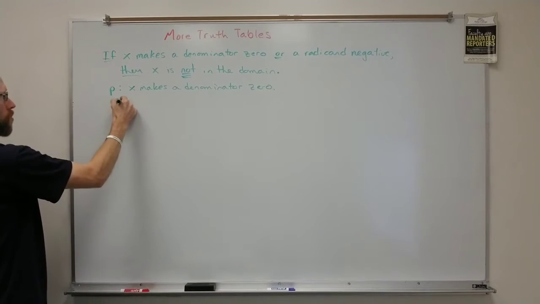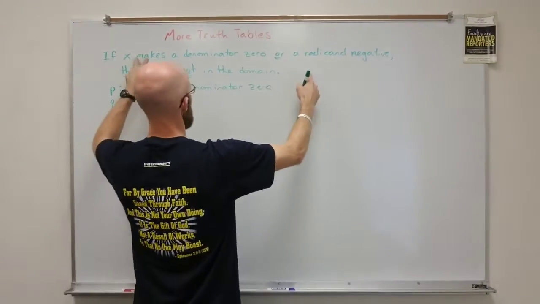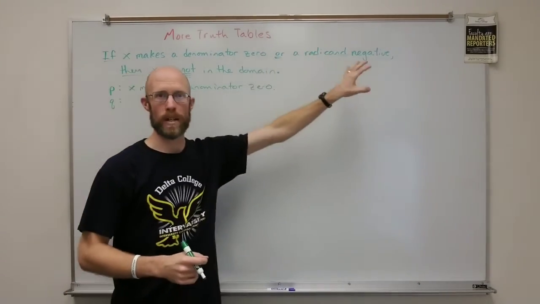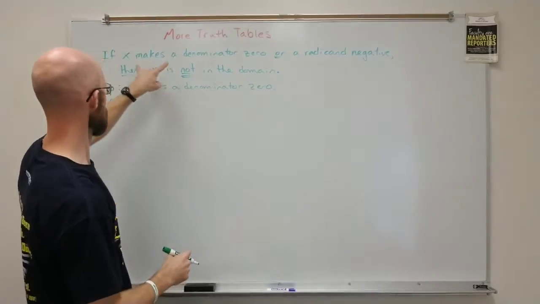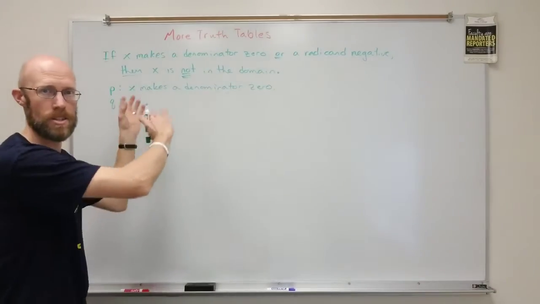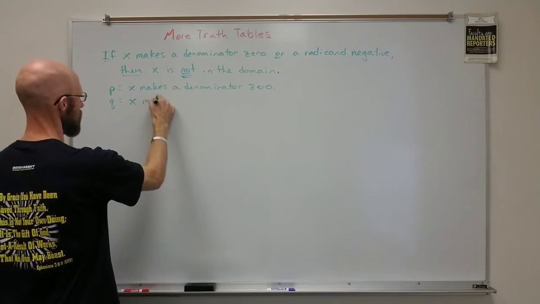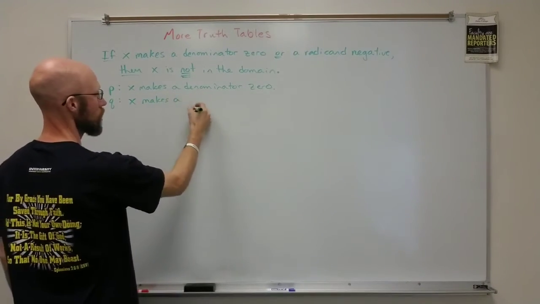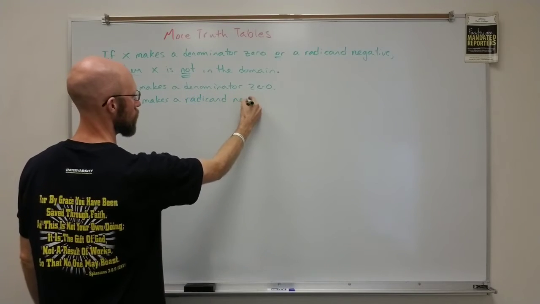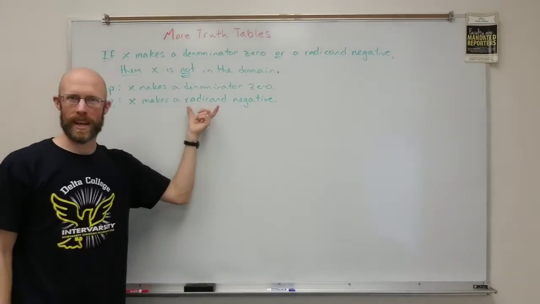Let's take q to be x makes a radicand negative. So obviously the way it's worded in English, we don't include that little part of the phrase, but that's okay. It kind of distributes to the other side there. Most people have never heard the word radicand before, right?